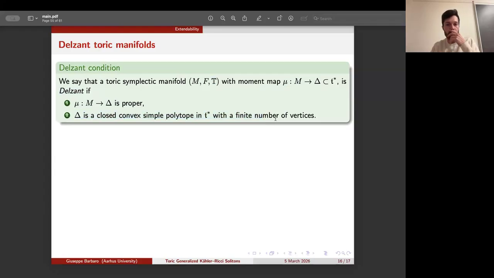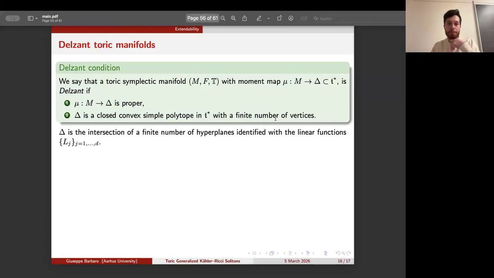So a closed convex simple polytope means that this is the intersection of a finite number of hyperplanes, and each hyperplane is detected by a linear function L. Now notice here that we are in the non-compact case.